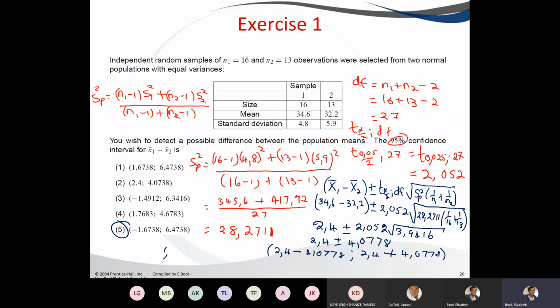So I get minus 1,67 and 6,47. Those are the values I get on my calculator. Do you have any questions?